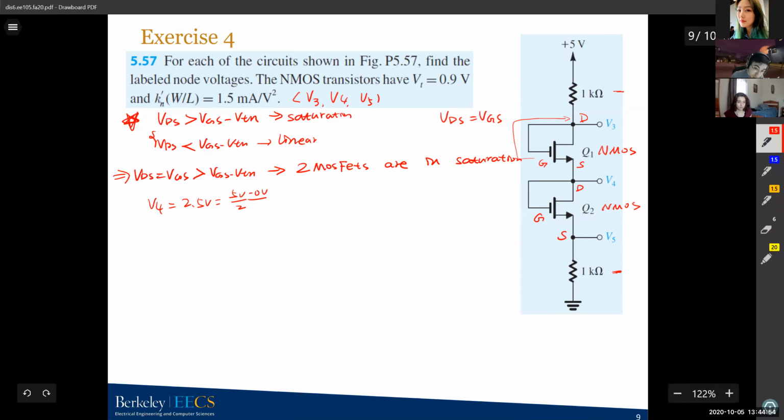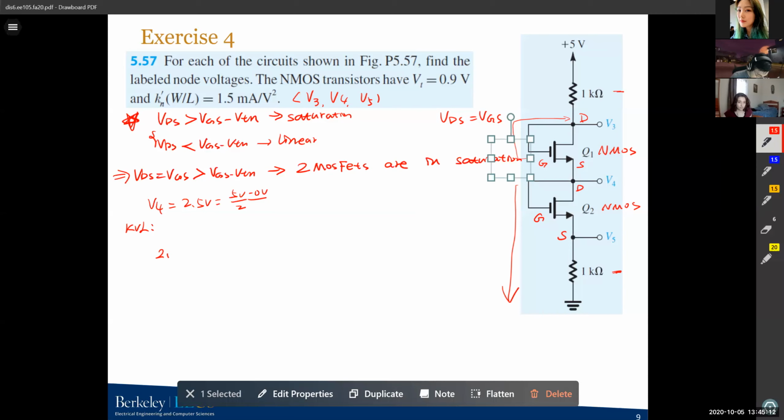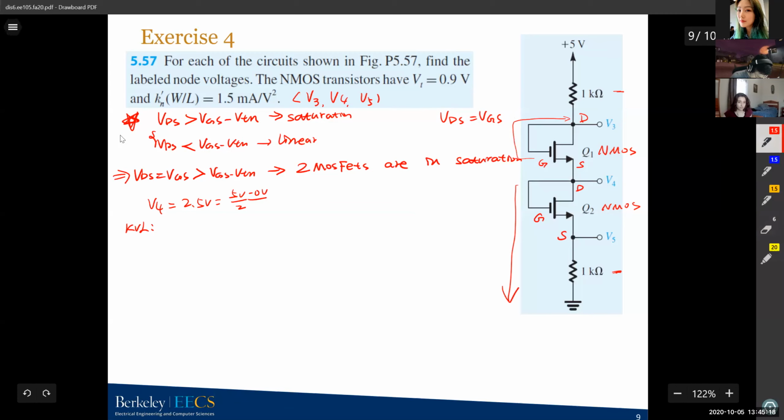And then we can use KVL to solve for V4, V5, and V3. So let's start, I'll do KVL here, starting from V4. The current in this branch will be mu n C ox W over 2L times VGS minus VTN squared. This is the current in a saturation MOSFET.